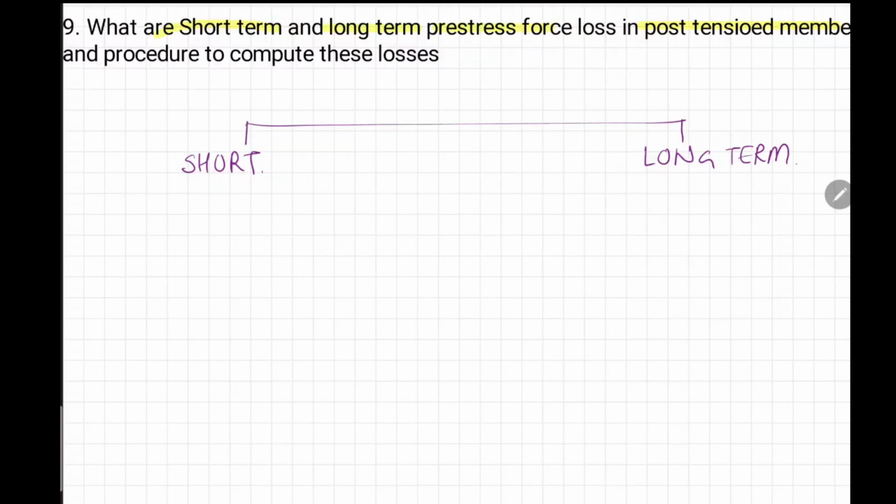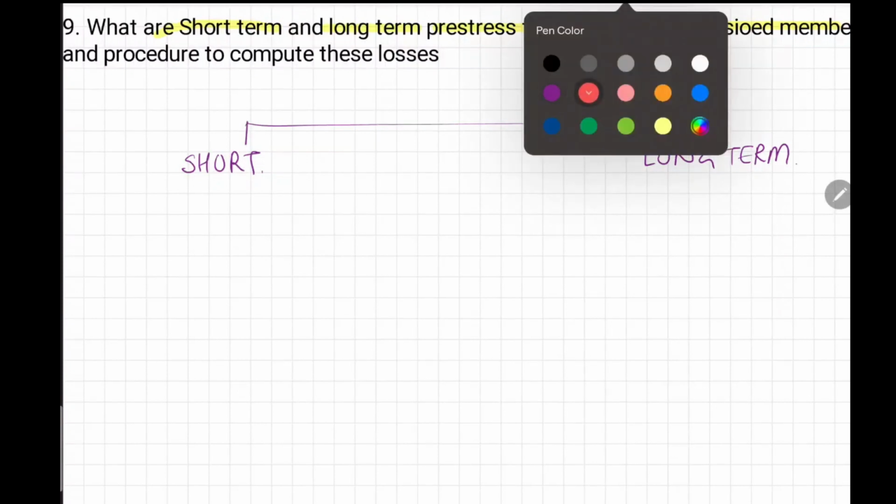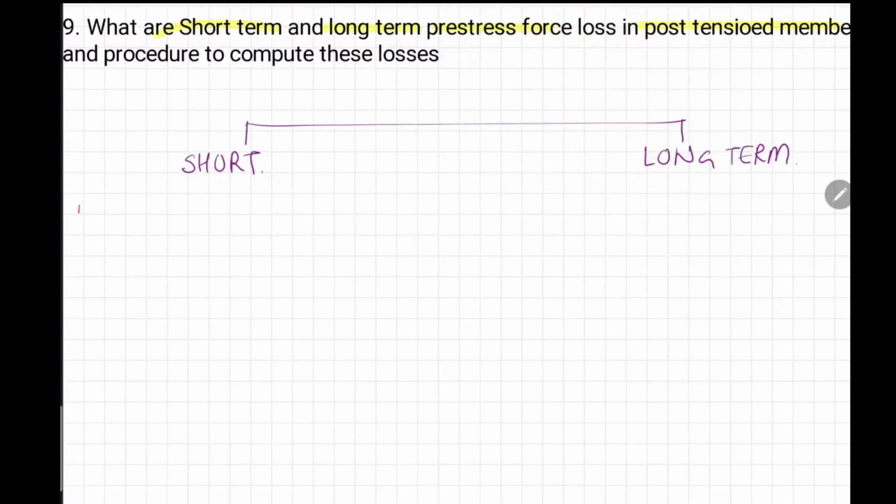The short term loss happens, first, due to anchor setting, which is also called wedge set. Second, we have loss due to friction.